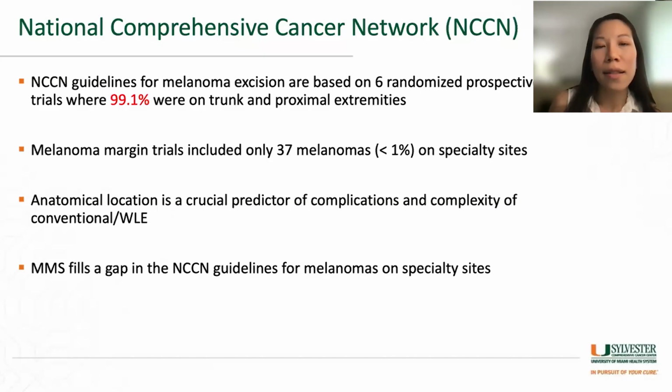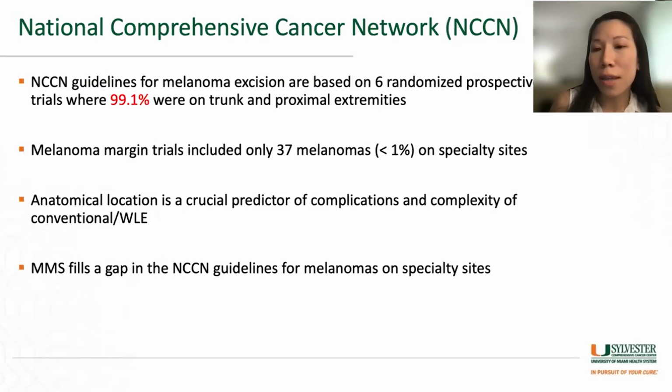So the NCCN guidelines for melanoma excision, when we look at the data that's used to make those recommendations, they're based on 6 randomized prospective trials where the overwhelming majority, 99% of those cases, were melanomas on trunk and proximal extremity. So that's what we're basing our treatment recommendations on.